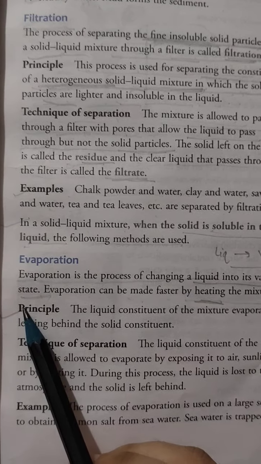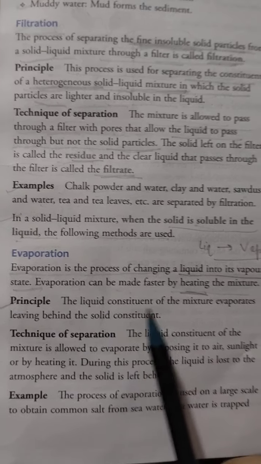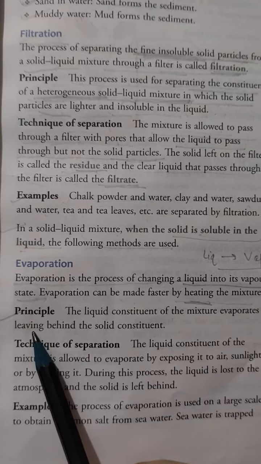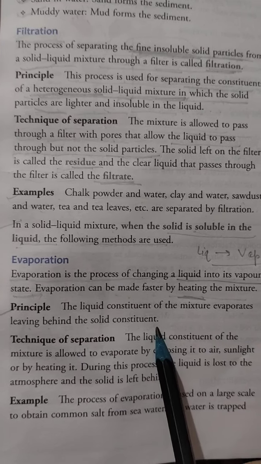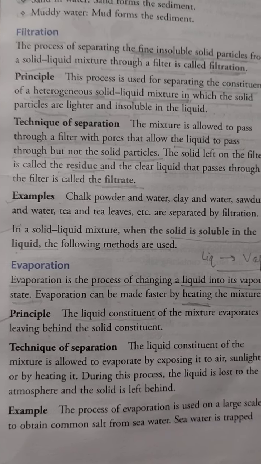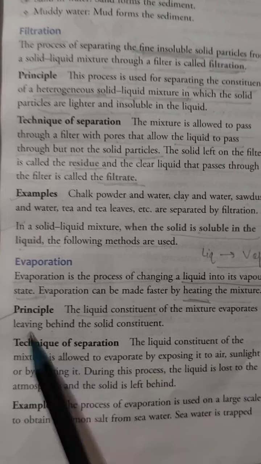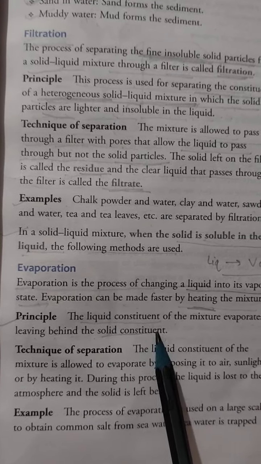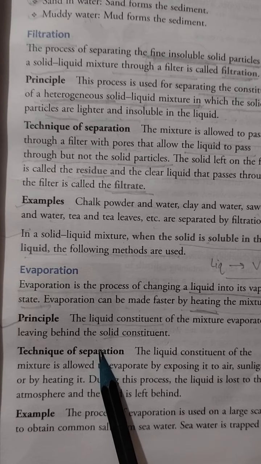What is the principle behind evaporation? The liquid constituents of the mixture evaporate leaving behind the solid constituents. So liquid constituents हमेशा evaporate हो जाता है यानी उड़ जाता है and leaving behind the solid constituents. What is the technique of separation?